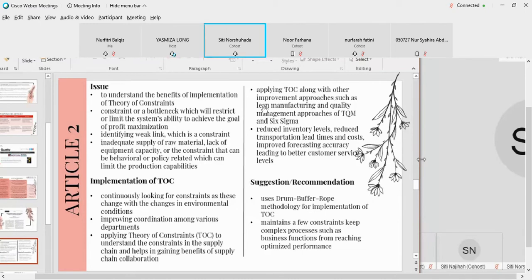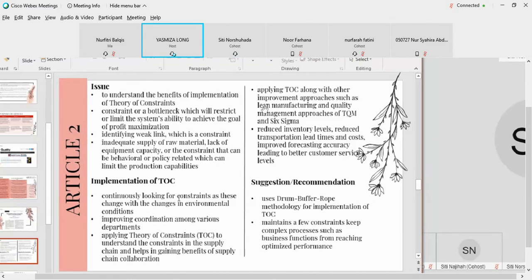Because the issue is the supply chain, the inadequate supply of the raw material. There is a constraint there, that means raw material, and then they want to implement the TOC. Is that the finding? Or maybe they have not implemented it yet in article 2?